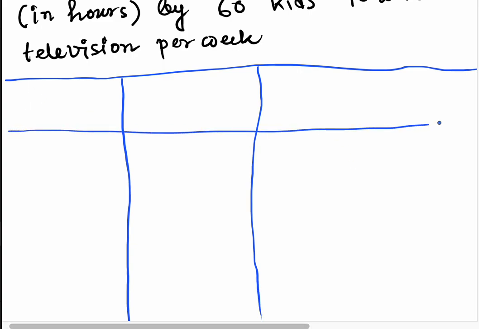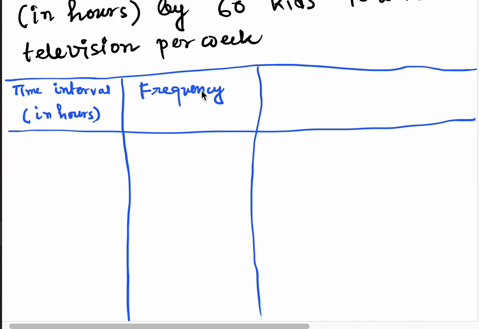So this is the time interval in hours. This is frequency. This will be cumulative frequency.